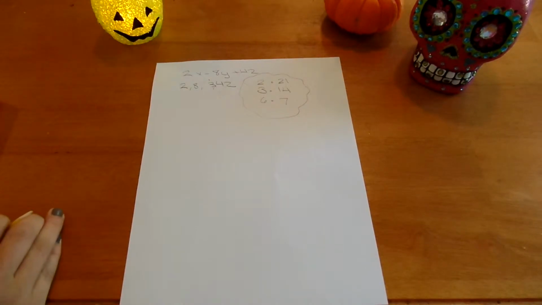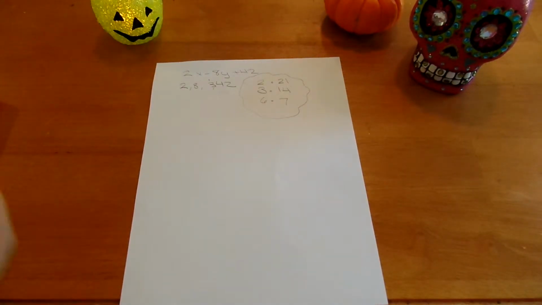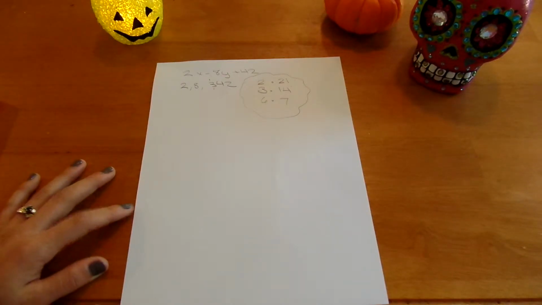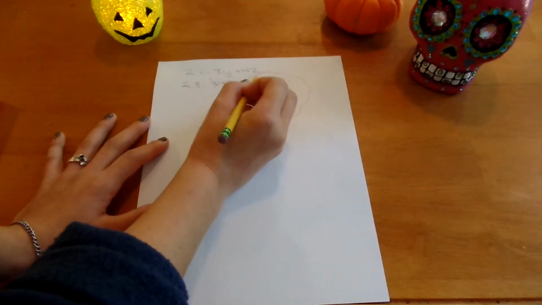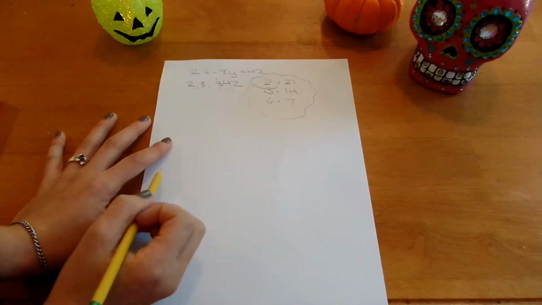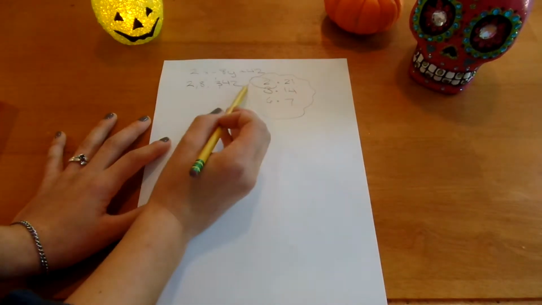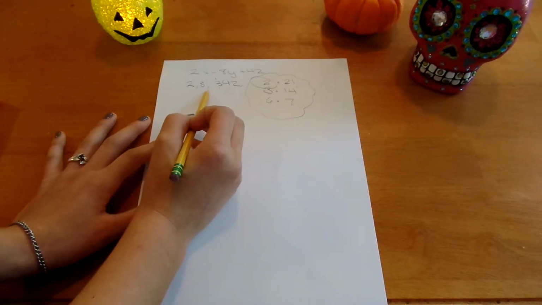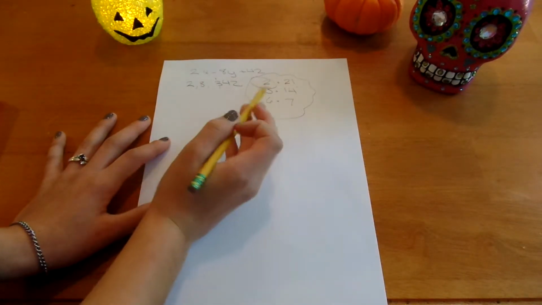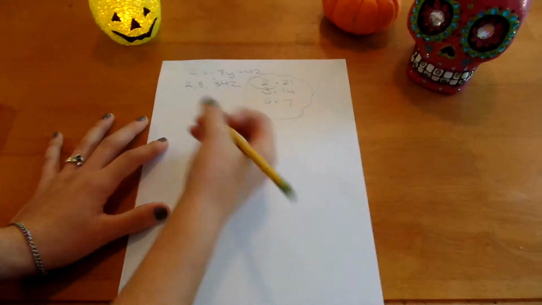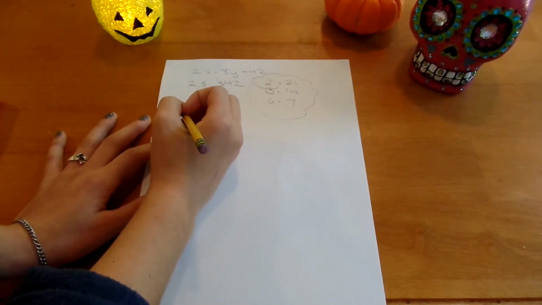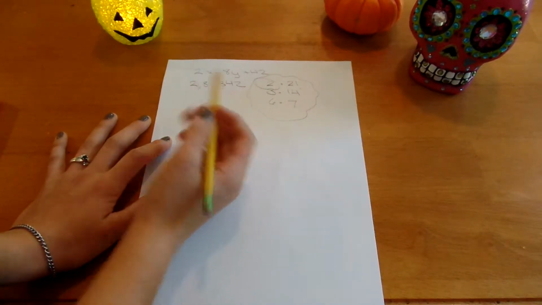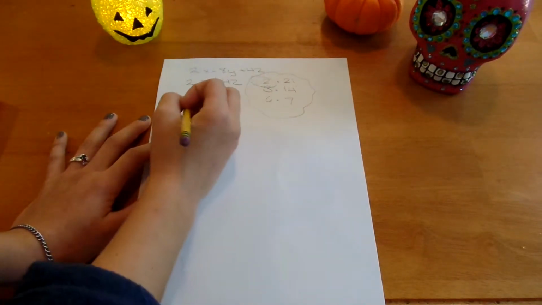The only factor of 42 that would go into both 8 and 2 would be 2. So this is the only thing that goes into 2 and 8. So for my equation, I'm going to factor out 2, since that's the only thing that can go into 2, 8, and 42.